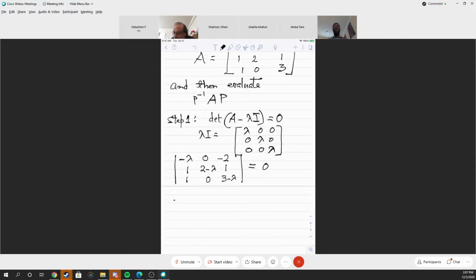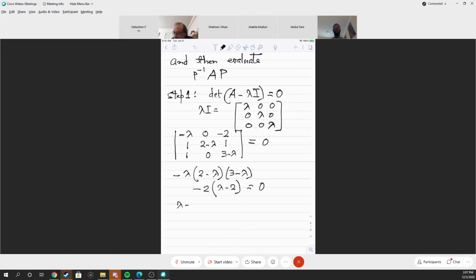So minus lambda minus 0, okay, minus 2, so lambda minus 2 common factor.